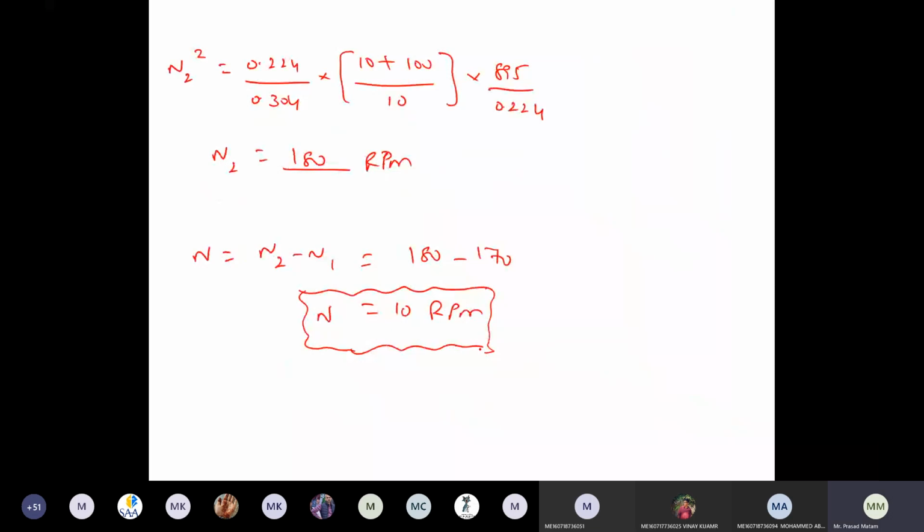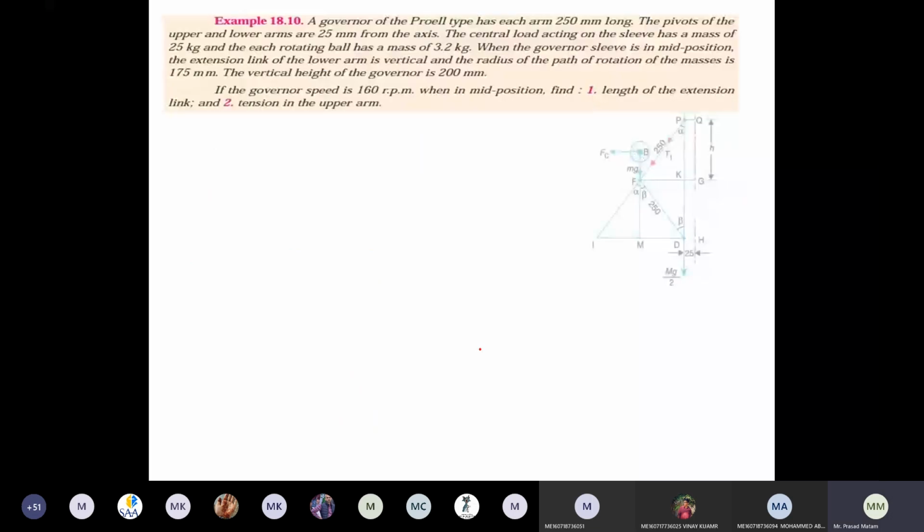Let us go for the 10th problem. One more. A governor of coil type has each arm 250 mm long. The pivot of the upper and lower arms are 25 mm from the axis of rotation. The central load acting on the sleeve has a mass of 25 kg, and each rotating ball has a mass of 3.2 kg.